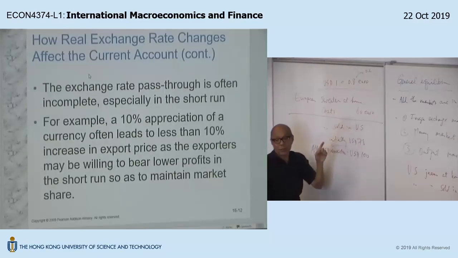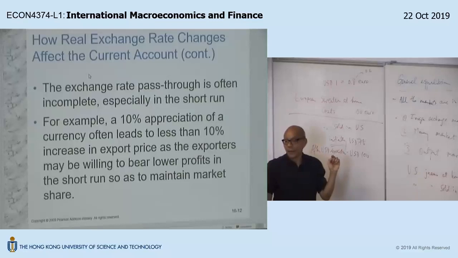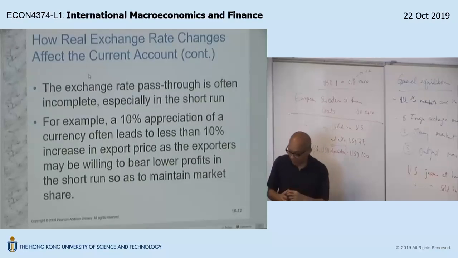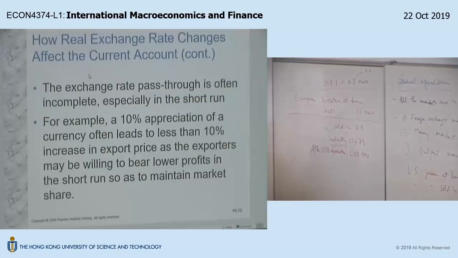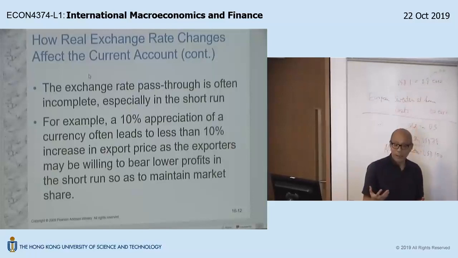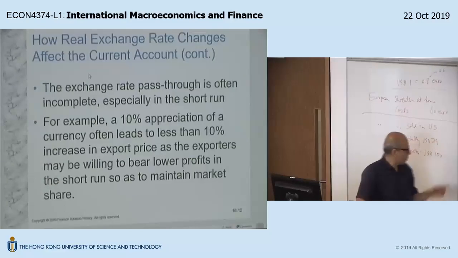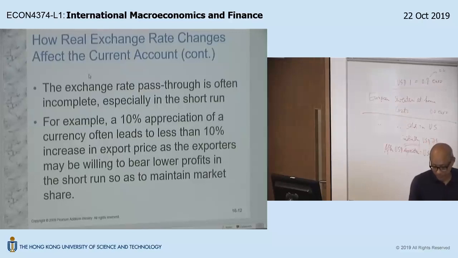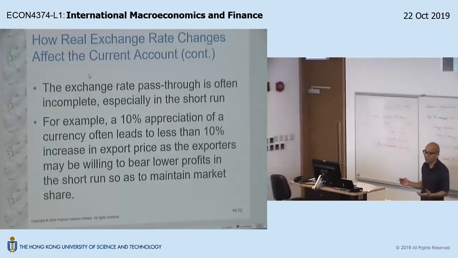But this does not always happen, because sometimes the firm may want to strategize not to raise the price too much, to maintain their competitive position and their market share in a foreign market.